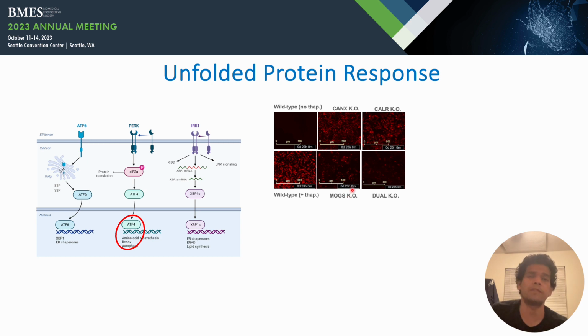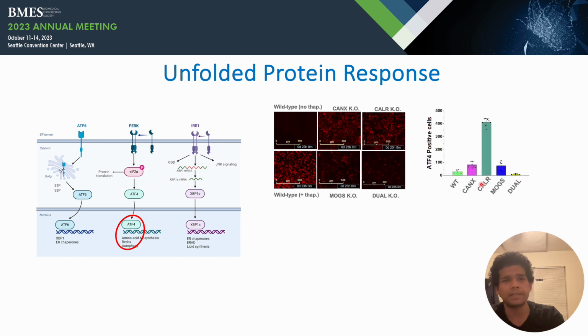All the knockouts have a different degree of UPR response, which can be observed from the different fluorescence signals from all the knockouts. When we quantified this image, we can see that Calreticulin has the highest ER stress compared to the other knockouts.